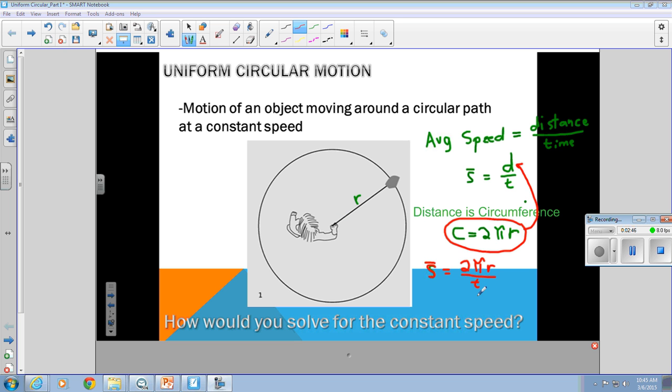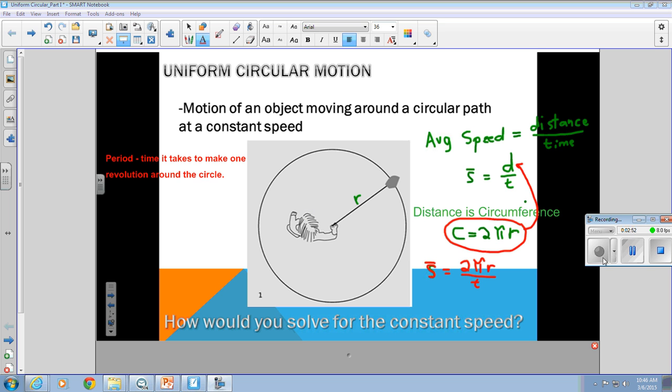The time that we are specifically interested in, we define as the period. And again, that period is the time it takes to make one revolution around the circle. We label the period with a capital T to distinguish it.